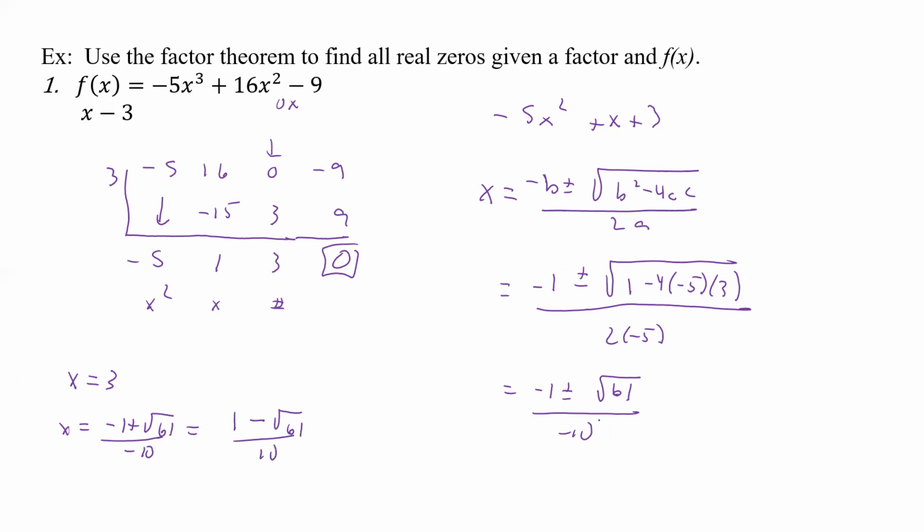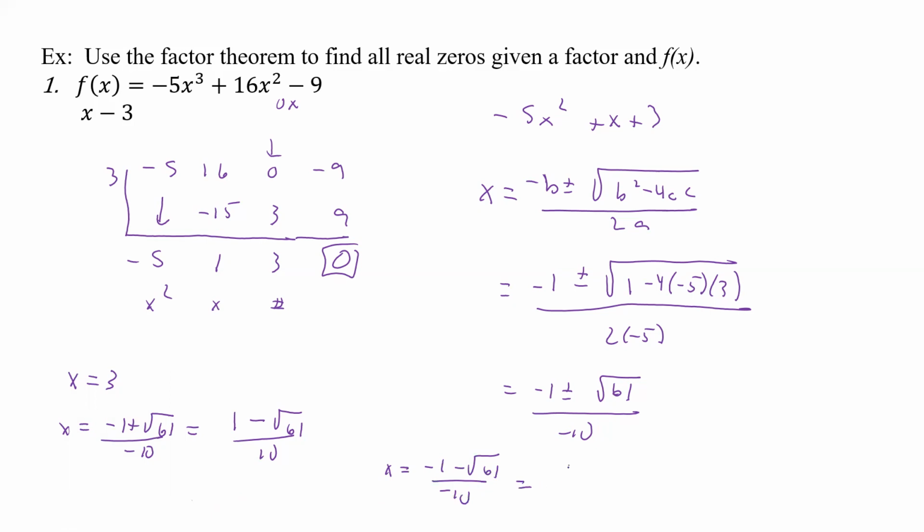And then if we did the other one, it's going to be x equals negative 1 minus the square root of 61 over negative 10 again. It's too low here, so let's put it a little higher. And so the other one was going to be x equals negative 1 minus square root of 61 over negative 10.